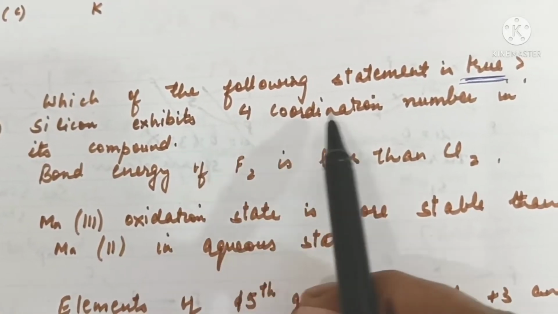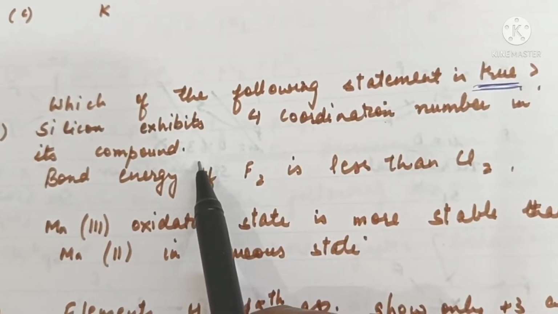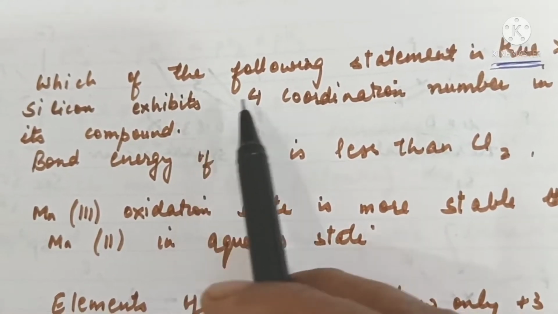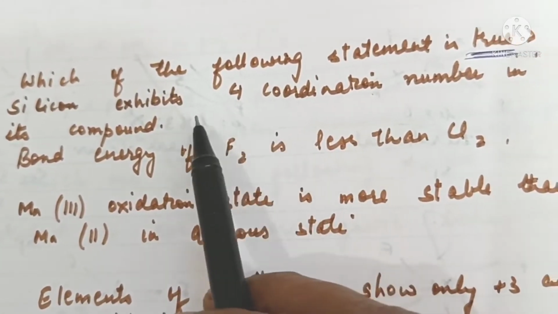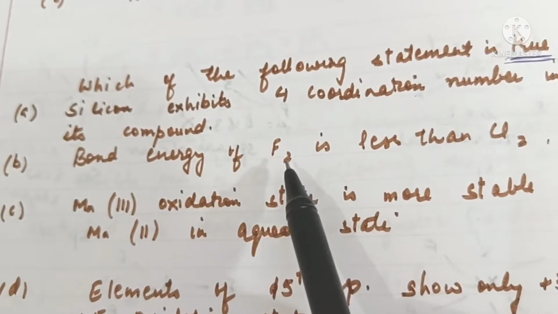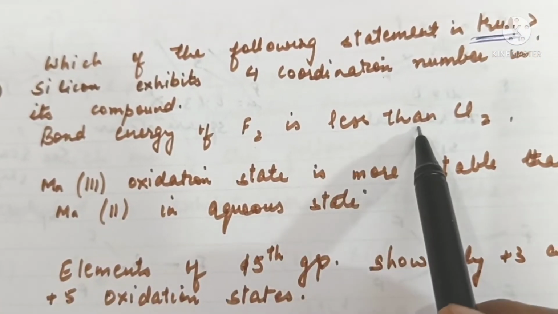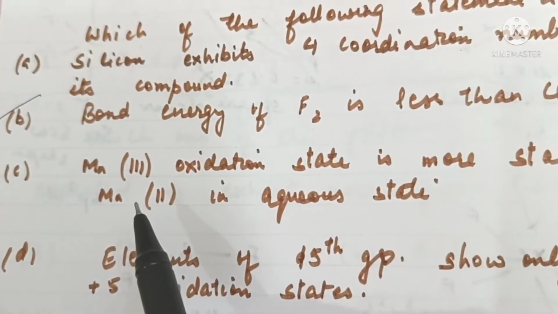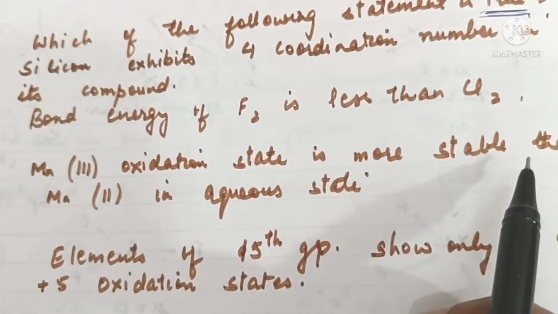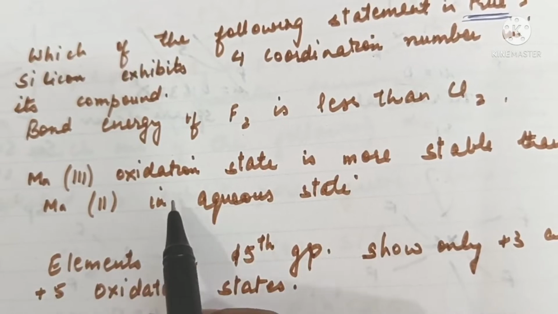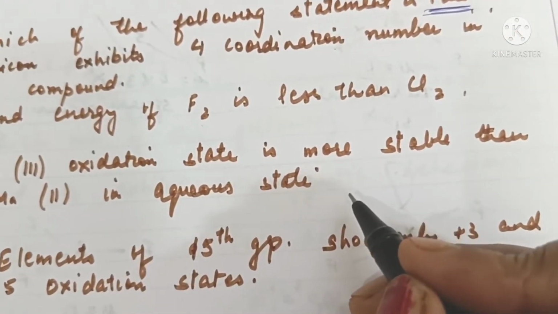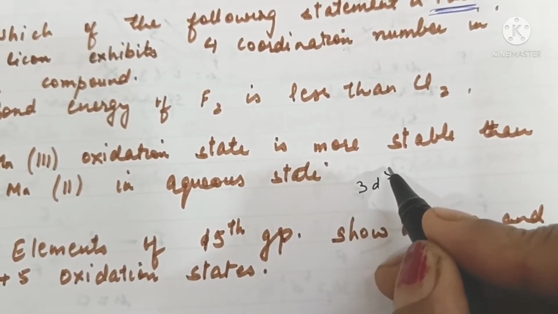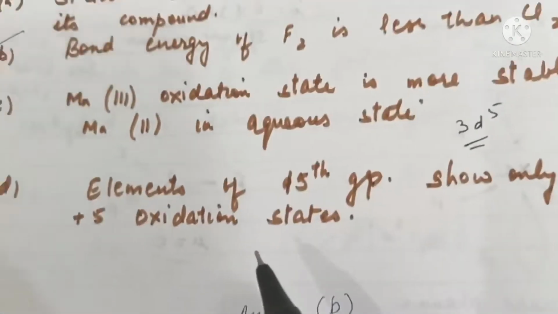Silicon exhibits 4 coordination number in its compounds? No. It can also show 6 coordination numbers, so this is not true. Bond energy of fluorine is less than chlorine. This is true. So option B is the correct answer. Manganese 3 oxidation state is more stable. No, manganese 2 is more stable because it will have 3d5, exactly half filled configuration.